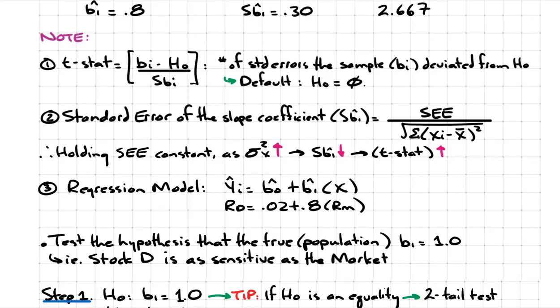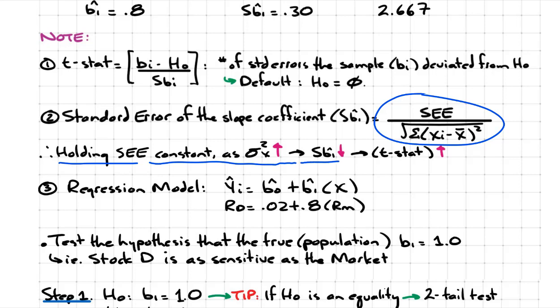And what we can see from this framework is that holding SEE constant, as the variance for the independent variable increases, the standard error for B1 will decrease. And where do we get variance increasing? Because if you look at this, when you're calculating the dispersion of individual values of x from its mean, you're actually calculating the variance for x itself. So that's the connection.